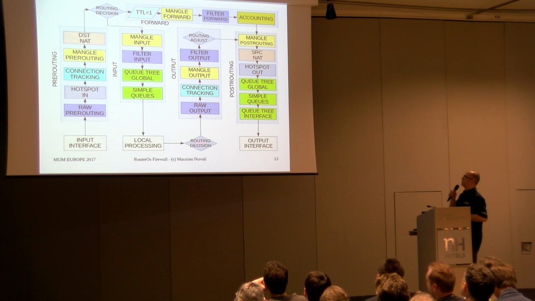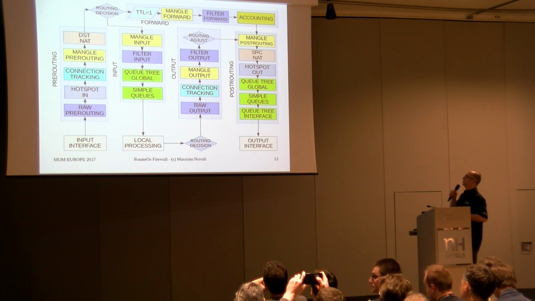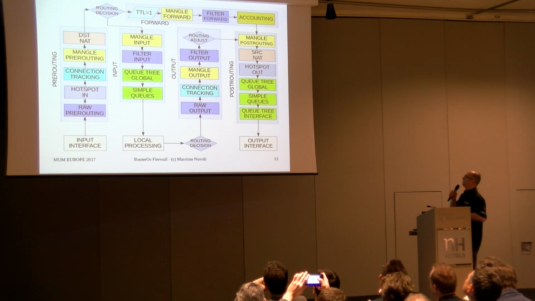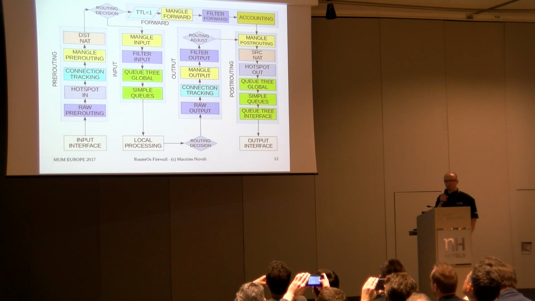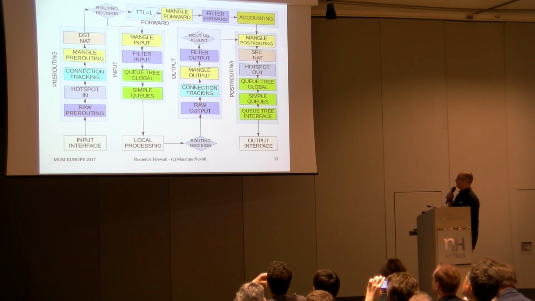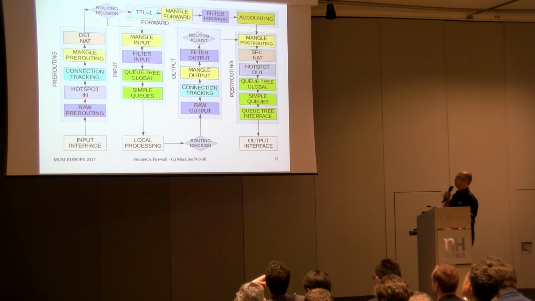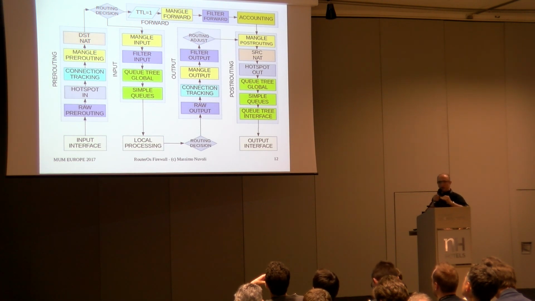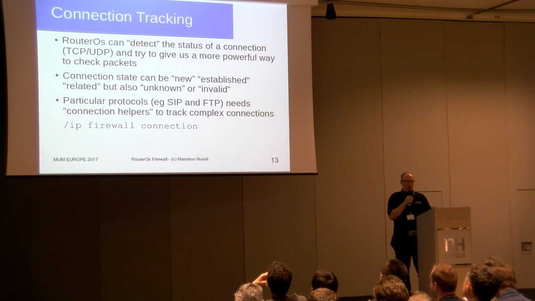If it's exiting from the RouterOS device, it goes from here to here. And if it's forwarded, it goes there, there, and there. It's quite simple. It's very important because the order is very important. We have routing, hotspot, connection, mangle. This is the order in which the packet goes through the RouterOS device.